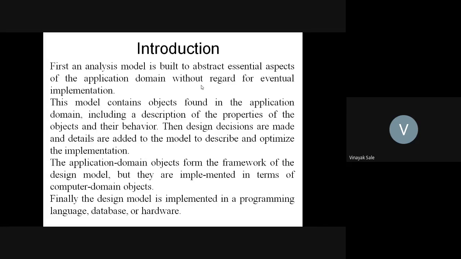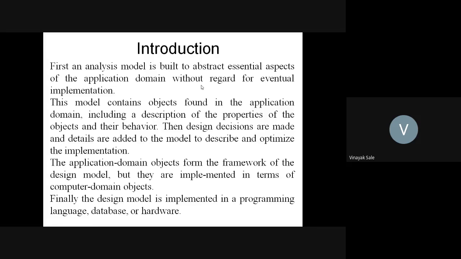First, an analysis model is built to abstract essential aspects of the application domain without regard for eventual implementation. This model contains objects from the application domain, including a description of the properties of objects and their behavior.